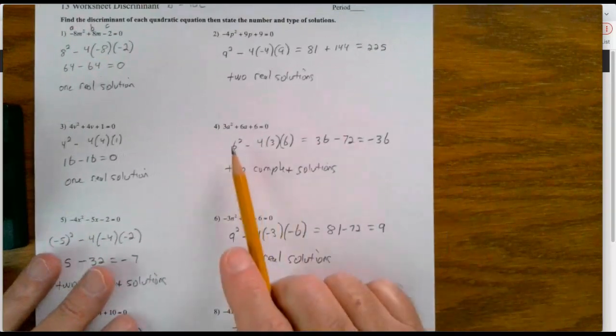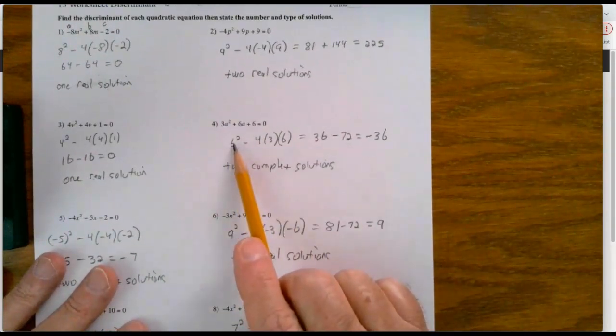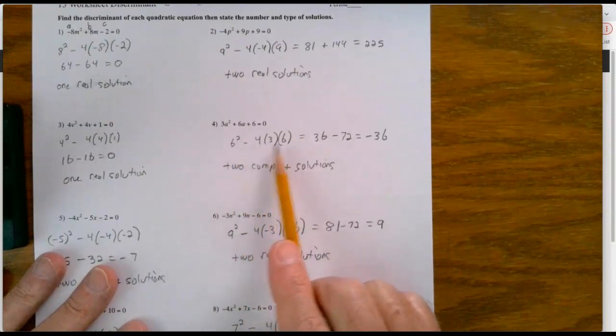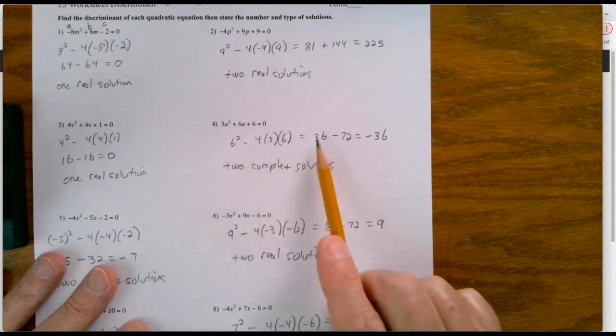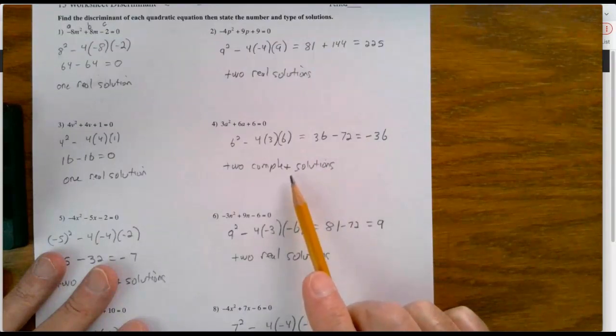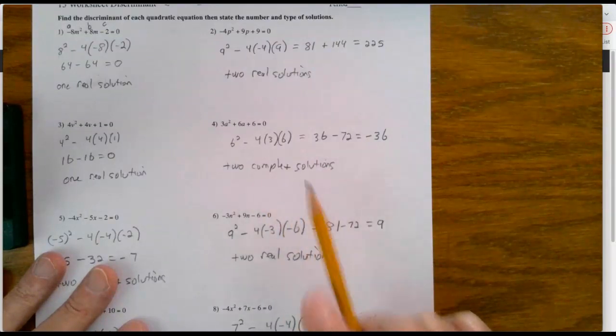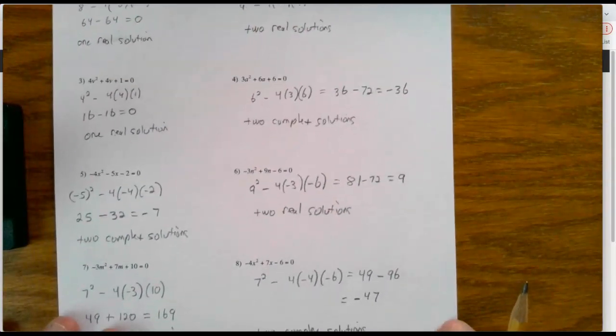All right, number 4. Guys, number 4, b squared again, minus 4ac. Well, it turned out I'm subtracting a larger number from 36. So I got negative 36. Negative means it's 2 complex solutions, or two imaginary solutions, I might say. All right, the same with number 5.